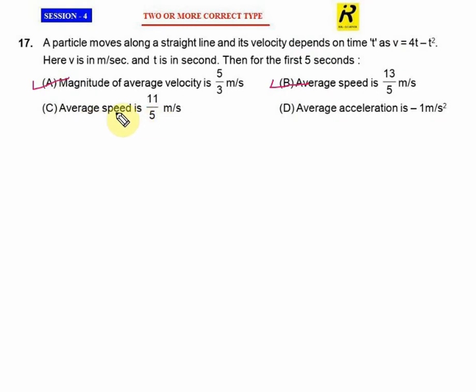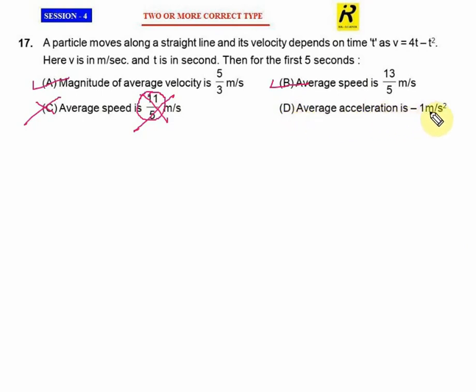Average speed is this, but it is meaningless because average speed is already found to be 13 divided by 5, which is correct. That means this answer, 11 divided by 5, is wrong. So option C is wrong. No need of calculation. We can directly jump into the calculation necessary for option D.